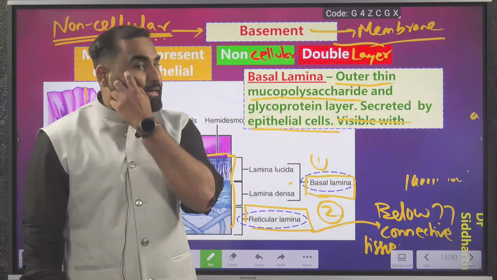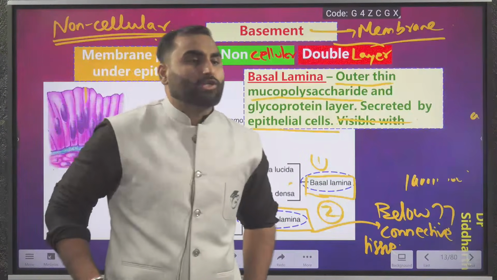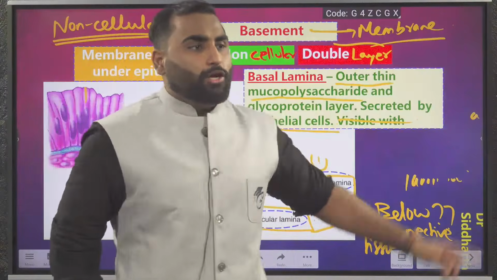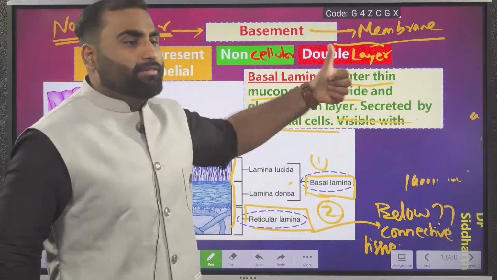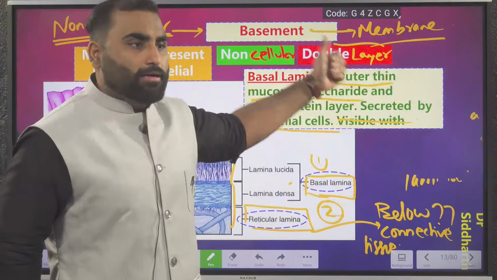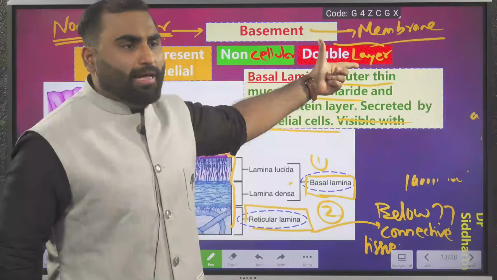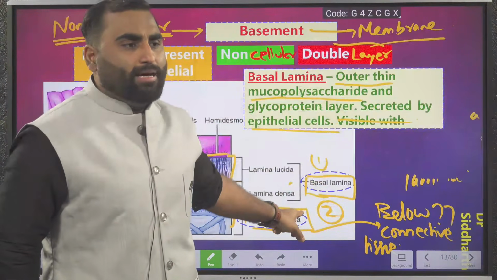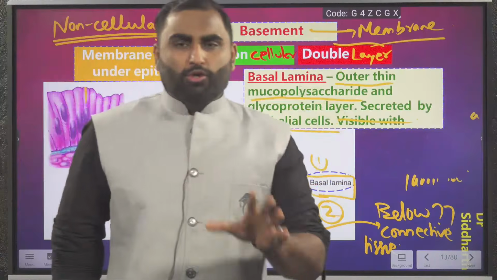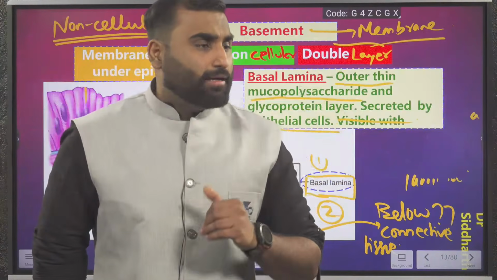Are we clear with the basement membrane? Non-cellular layer, double layered, 2 layers: basal lamina and reticular lamina. So mostly we have covered the characteristics.